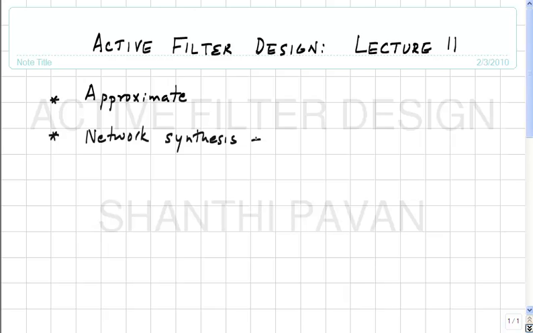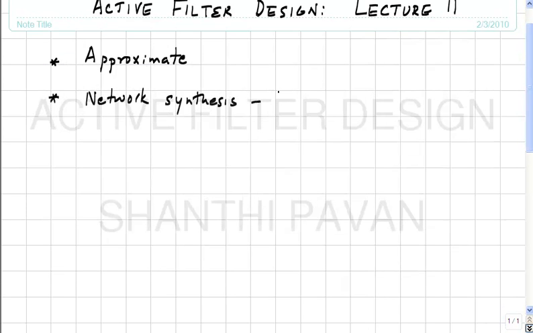The next step, of course, is to figure out how one can use the knowledge that we have gained so far in synthesizing other kinds of filters.